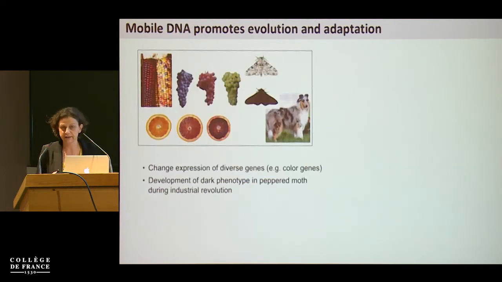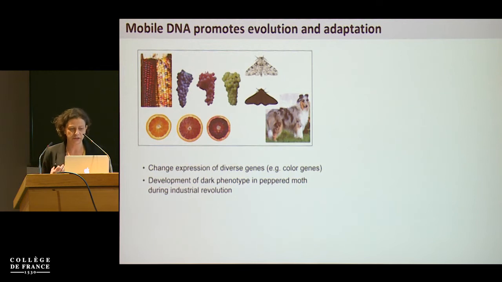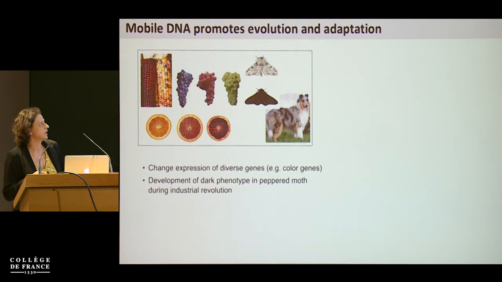By this, they clearly create a very strong driver for evolution and adaptation in many organisms. This has been nicely illustrated in many plants, starting with Barbara McClintock's maize example. They also contribute to color changes in grapes and in oranges, and also in animals.